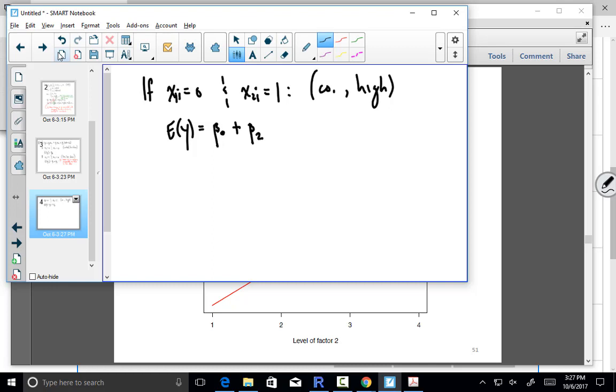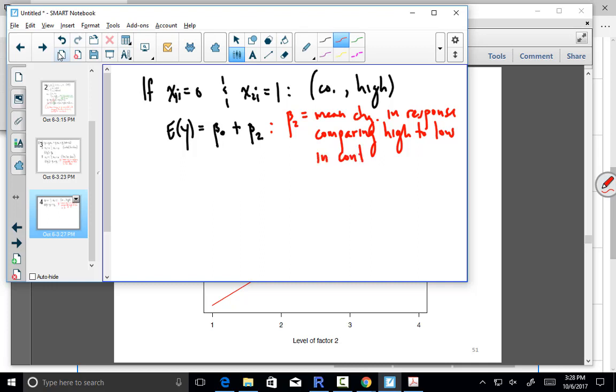Beta 0 plus beta 2. So the interpretation of beta 2 is the mean change in response comparing high dose to low dose in the control group.